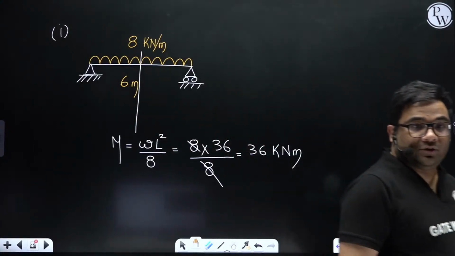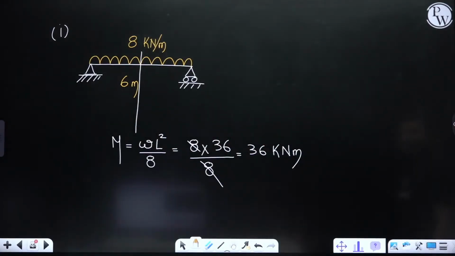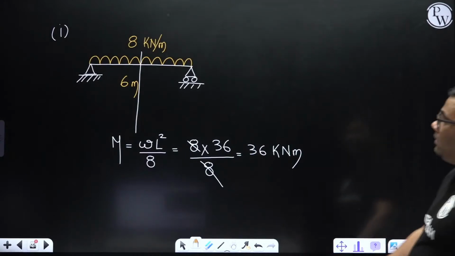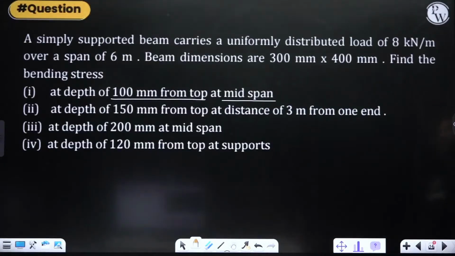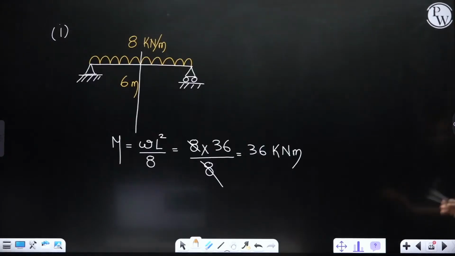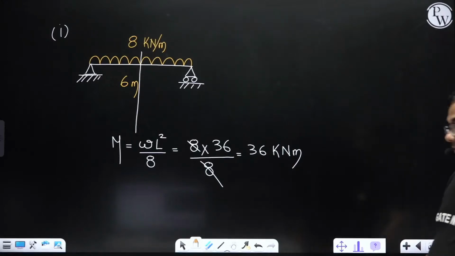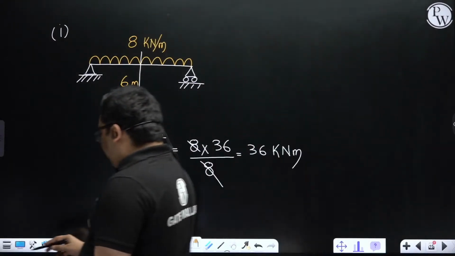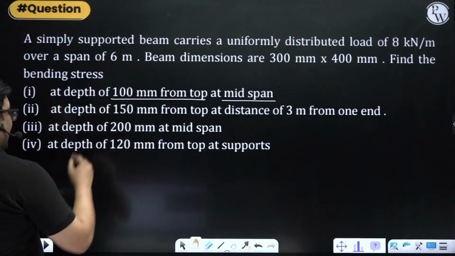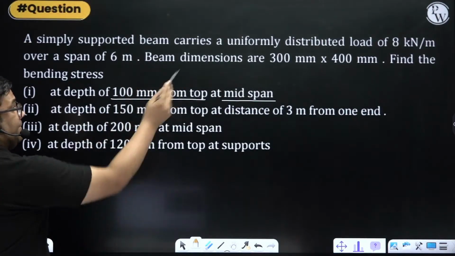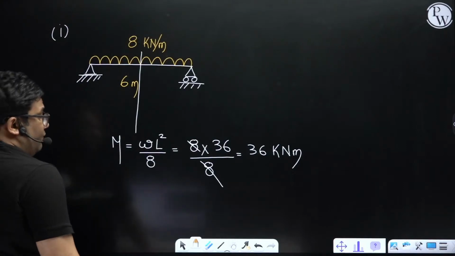It is the bending moment at the mid span. They have asked the first question at mid span. So I found out WL square upon 8. Very good. This is the bending moment we got. Very nice. Next data is given that we have to find at 100 mm from top and beam dimensions are 300 and 400.